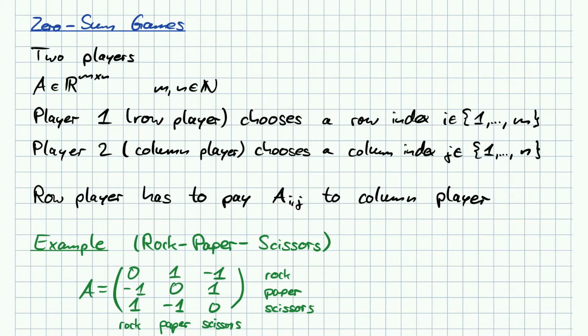Good. So this is a very basic example of such a zero-sum game. Of course, you can make this much more complicated by having many more strategies. And also, you do not need the same number of strategies for the row and the column player.